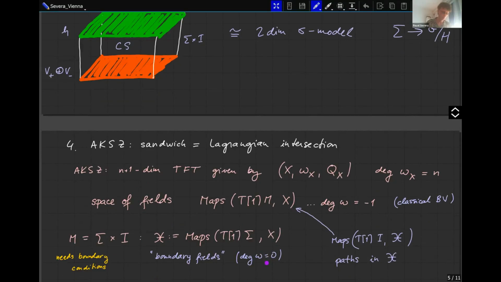But we now really want to consider the case when M is equal to sigma times I, where sigma is an n-dimensional thing. So then we also need to impose some boundary conditions to make everything right.